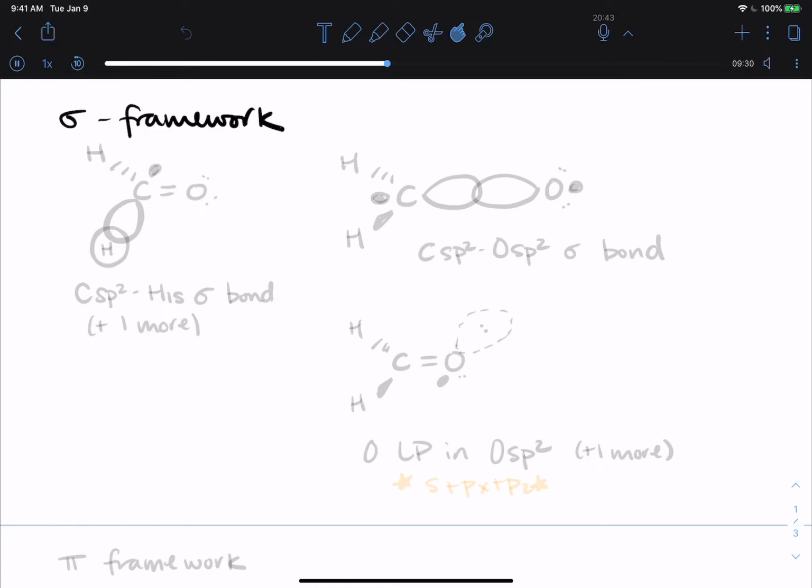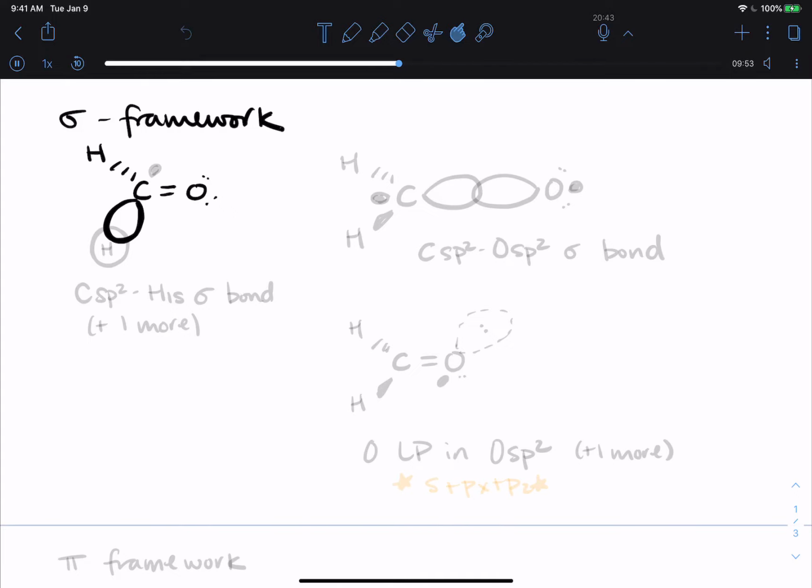You would be welcome to rotate your molecule if you wanted in order to do this. But because I've chosen to have my molecule rotated, I do need to draw this coming out of the screen. So I think it's a little easier to draw it coming out rather than going back. So this is the example that I'm going to draw.